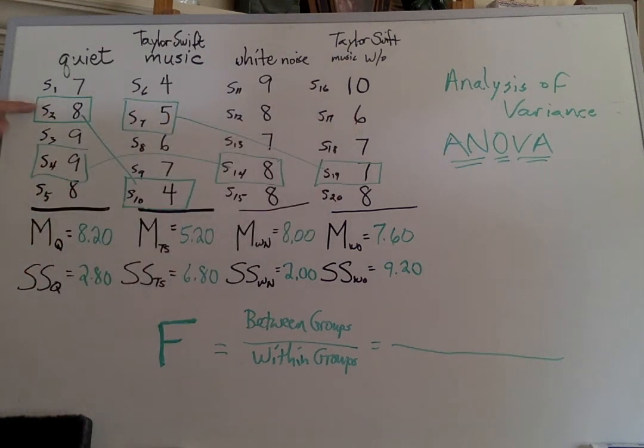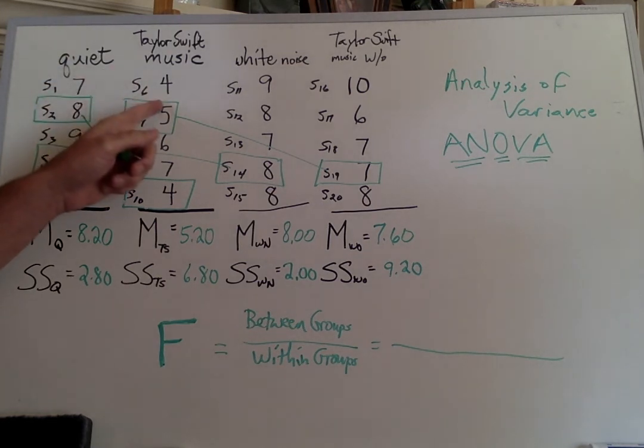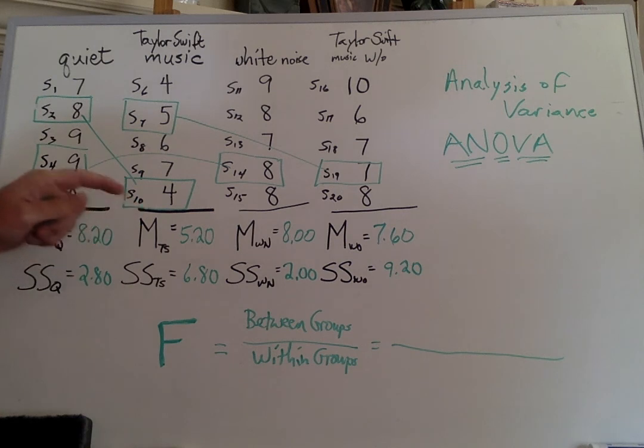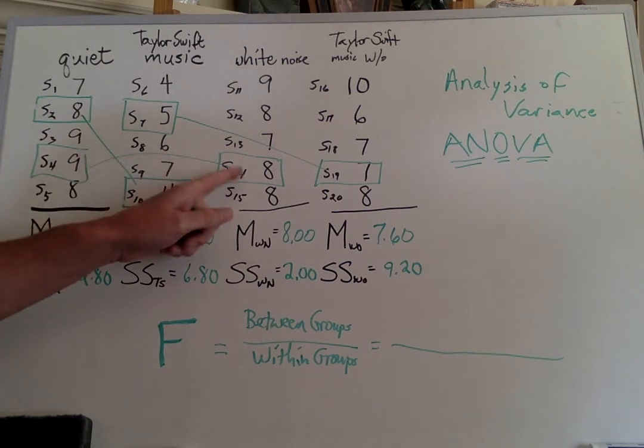Why might this person remember a different number of words than this person? Well, it could be due to the fact that they're in a different treatment condition. This person's in the quiet group, this person's in the Taylor Swift group. Or this person is in the quiet group and this person's in the white noise.